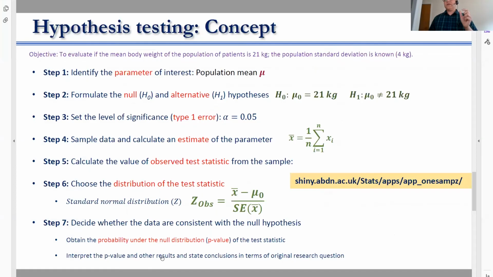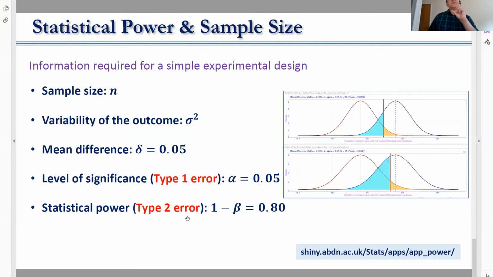So just a very quick recap of the things that we need for the sample size calculation or getting a statistical power. The things that we need are the variability of the outcome variable, like in your body weight case, the variability or your standard deviation. And then the mean difference, which is quite important: how big a difference are you interested in?